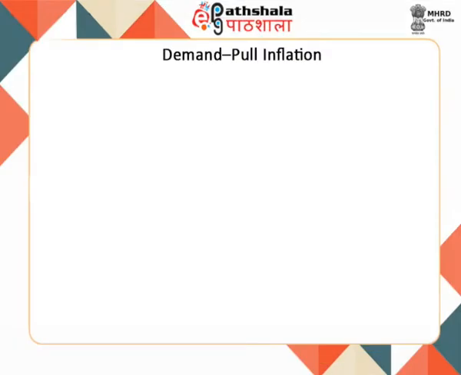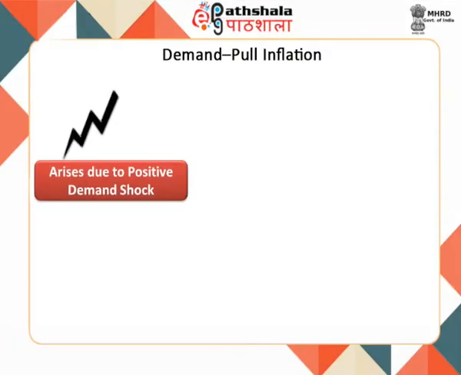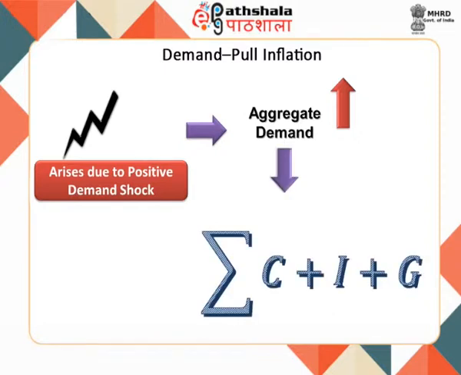Demand pull inflation arises due to a positive demand shock in an economy. Due to positive demand shock, aggregate demand of an economy rises. The aggregate demand of an economy is defined as a summation of consumption expenditure, investment expenditure, and government expenditure.